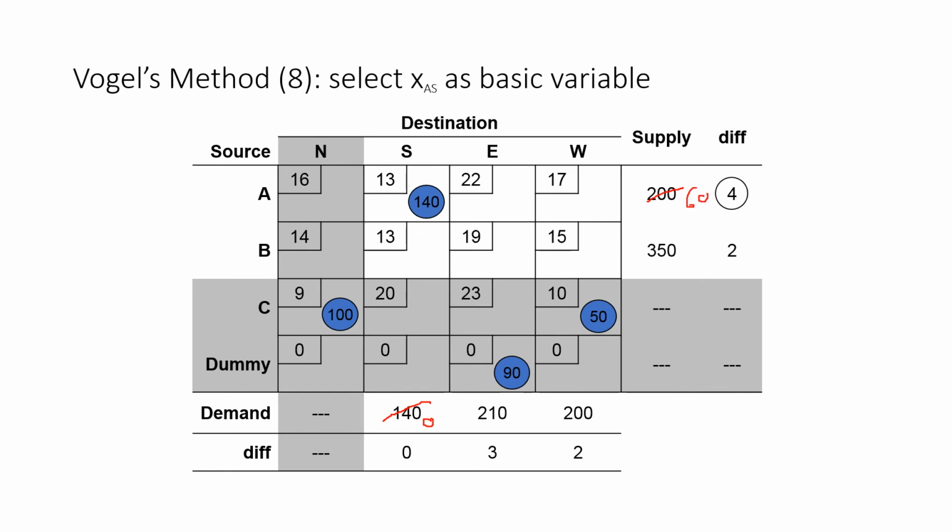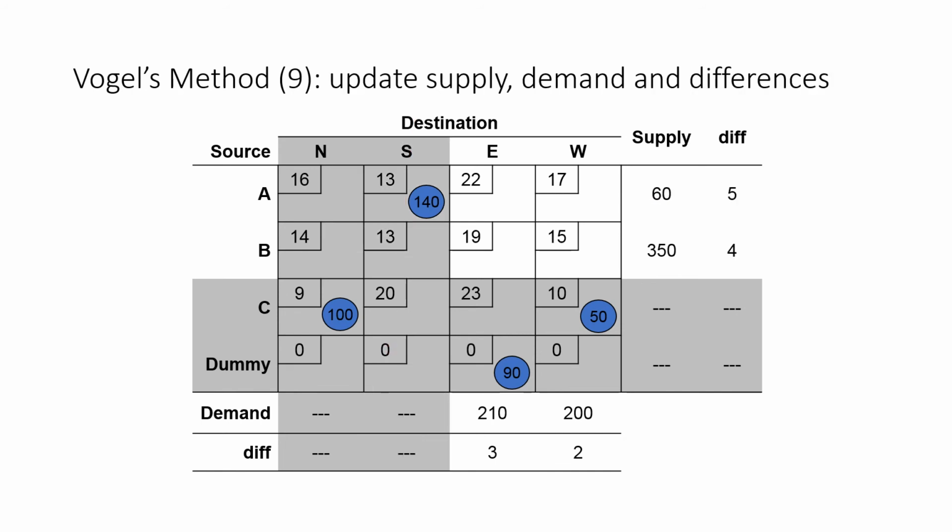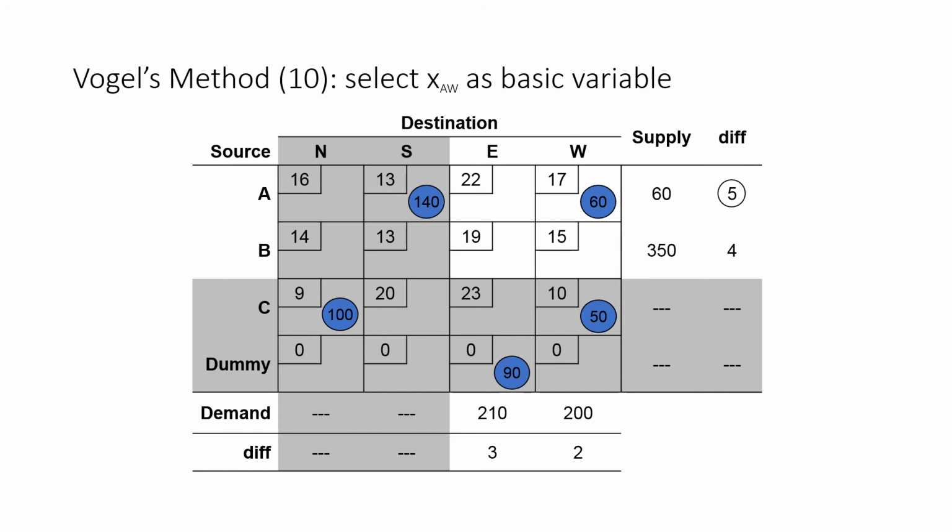and then I need to update the differences also, but also this will allow me to get rid of this column, and so on. So the next one, the largest difference is also this 5. Allocate as much as possible to the smallest cost in this row, which is here, 60. Why? Because it's the difference between this 60, which becomes 0, and this 200 that becomes 140.